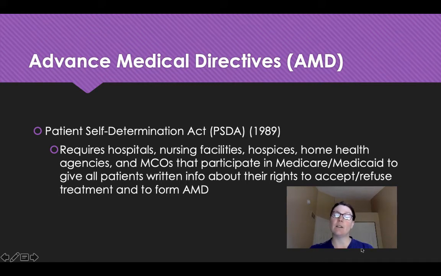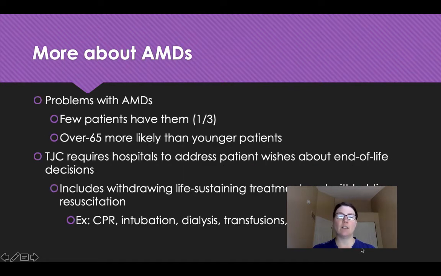One of the other things that it does mention is advanced medical directives. So it provides us with the ability to make decisions about our future care in advance. So things like, do you want to have artificial hydration and nutrition? Do you want to have ventilator care if you've reached a futile state?